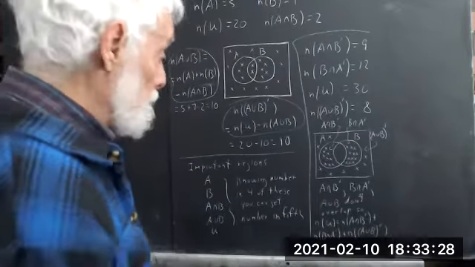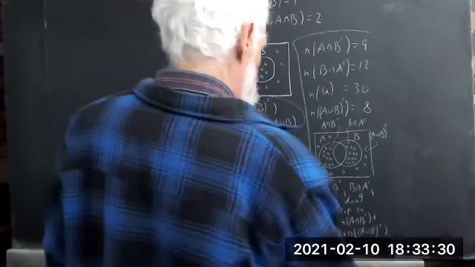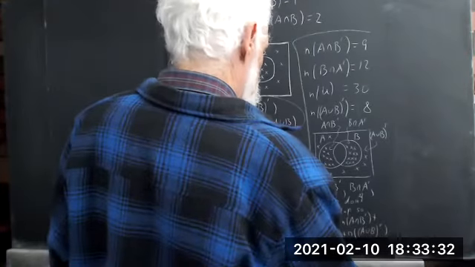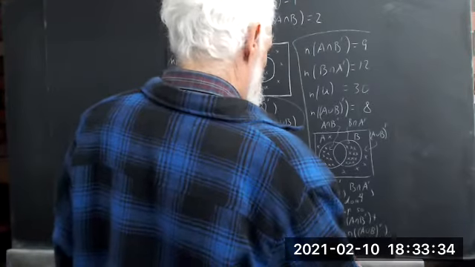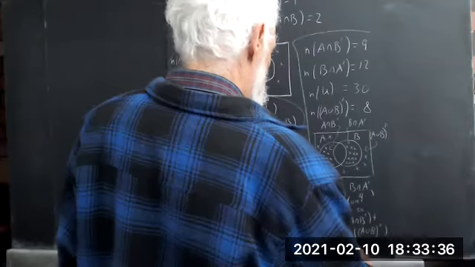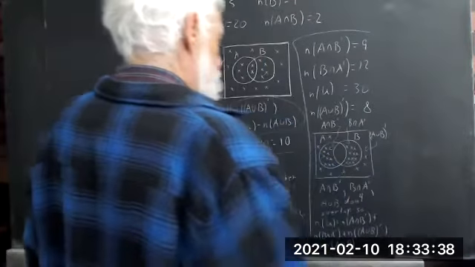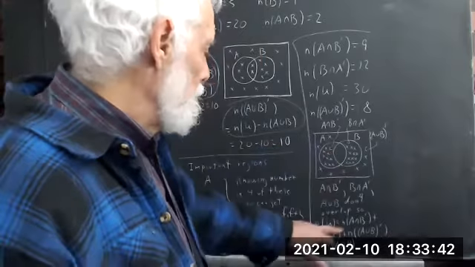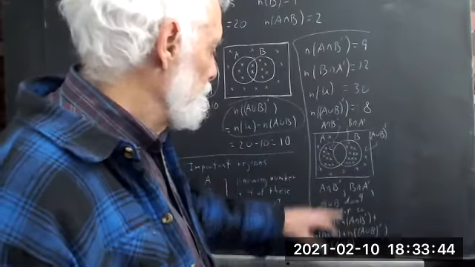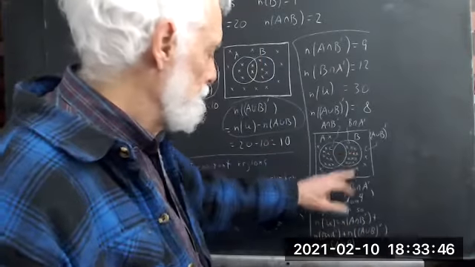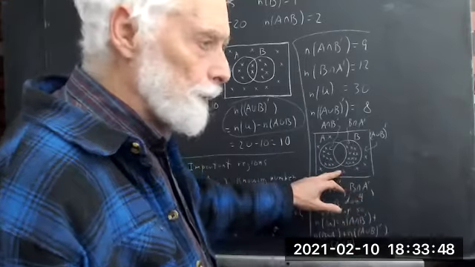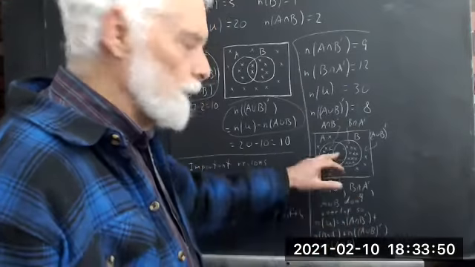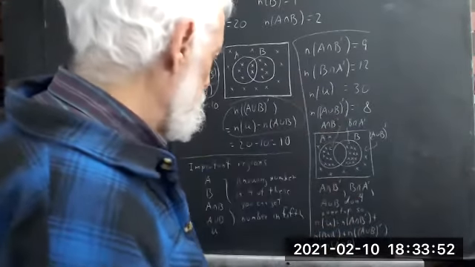Into that we add the number in A intersection B, which is this region. So this is this region, this is this region, this is this region, and this is this region. They don't overlap.